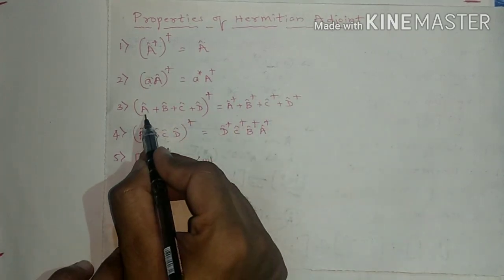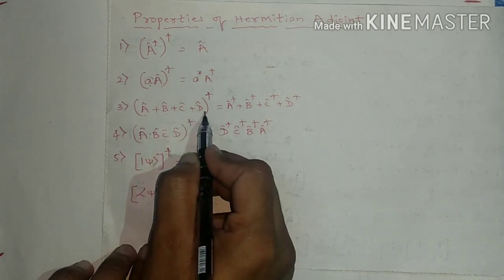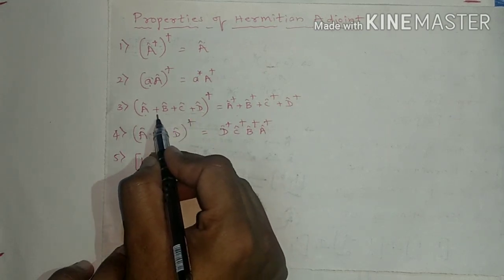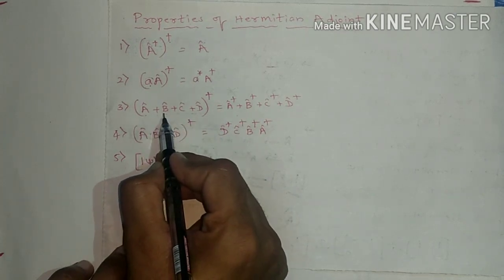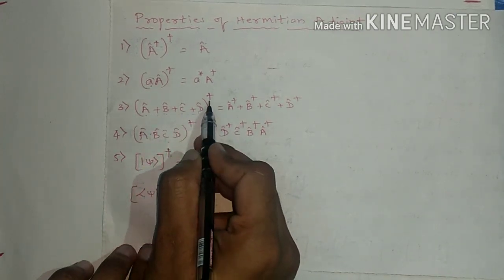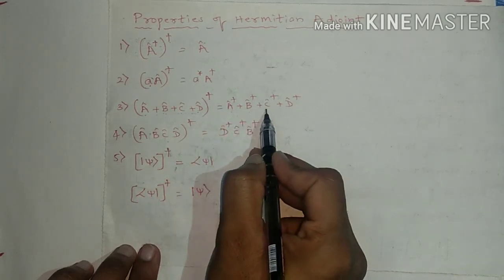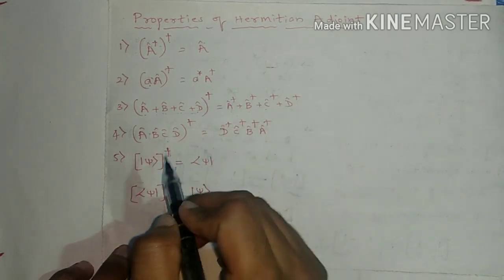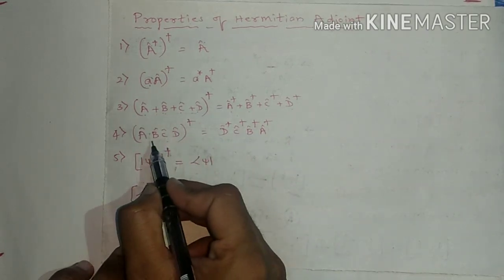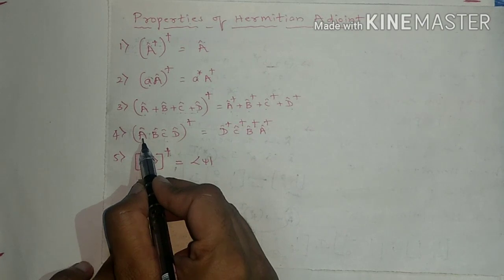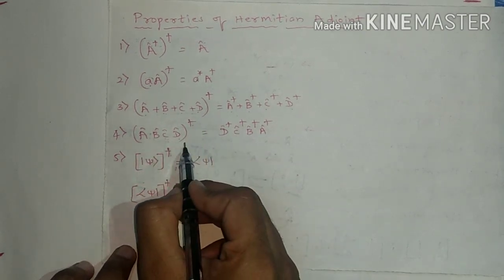Suppose we have four or more operators which are added and the dagger of that is taken: (A plus B plus C plus D) dagger is equal to A dagger plus B dagger plus C dagger plus D dagger. And when we come to a product of operators, suppose we have (ABCD) dagger, here we have to be careful.